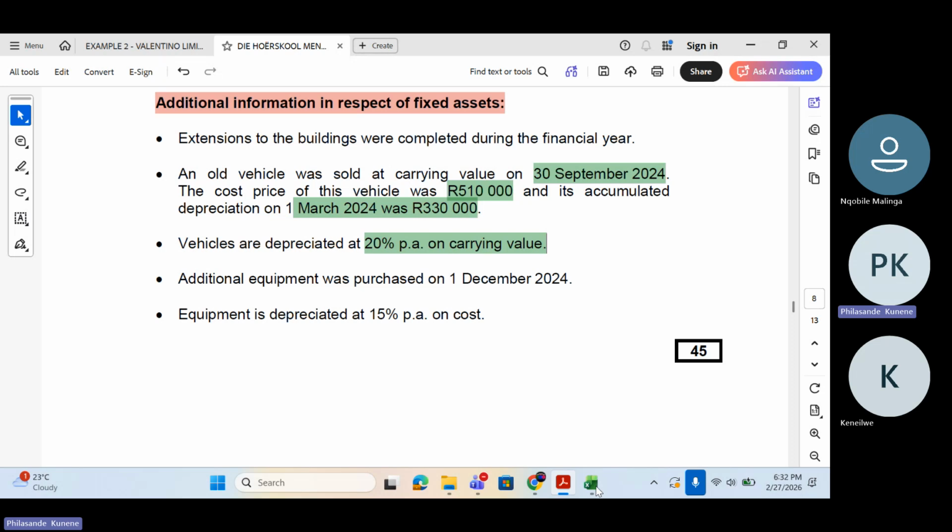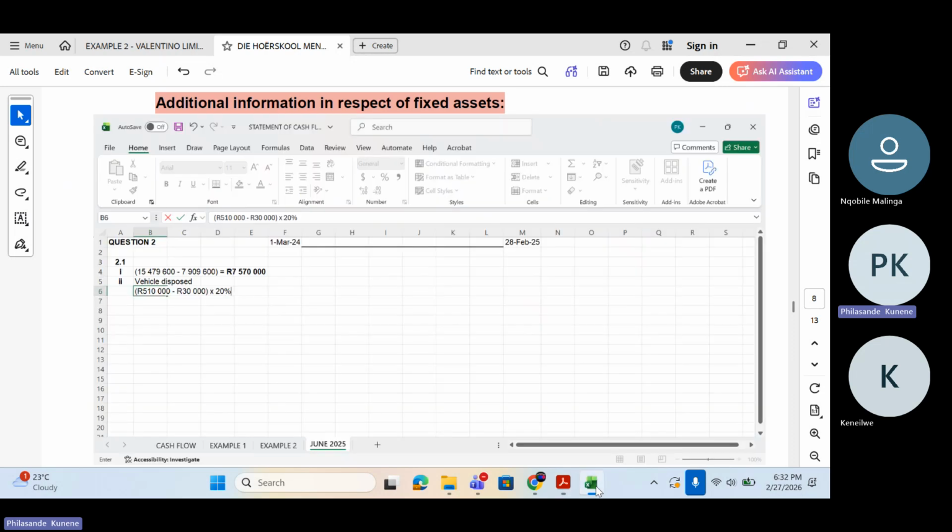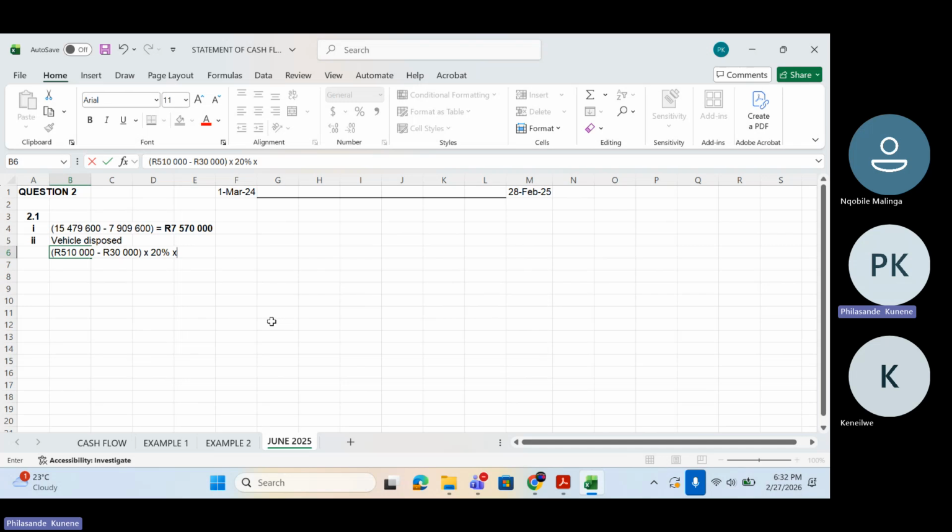So which means it stayed from March, April, May, June, July, August, September. Exactly. That is 7/12. And then how much am I getting? 21,000. We're getting the 21,000 rands.